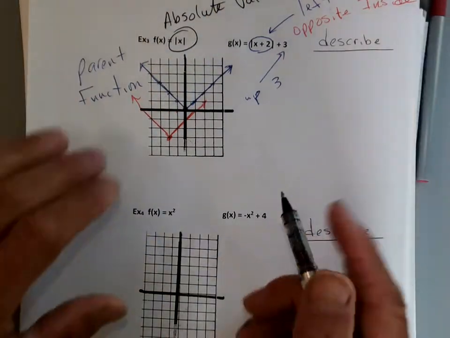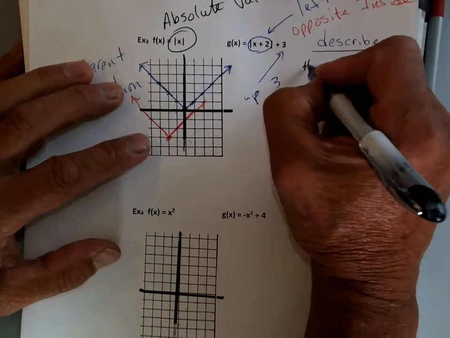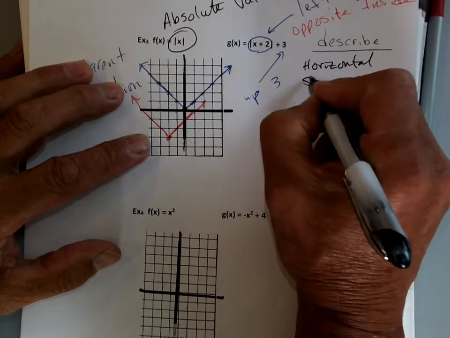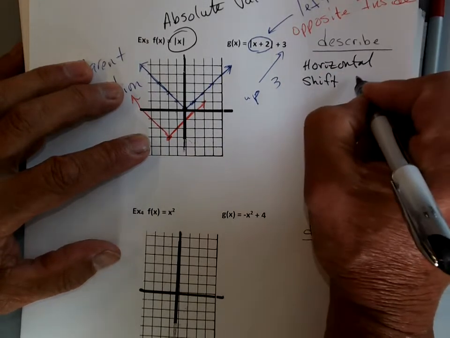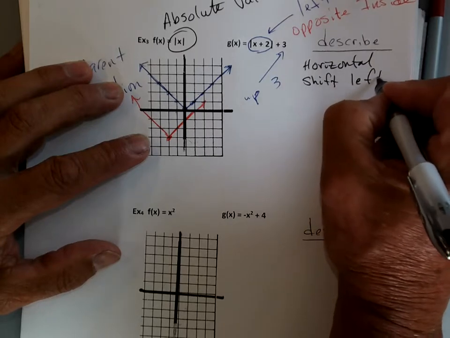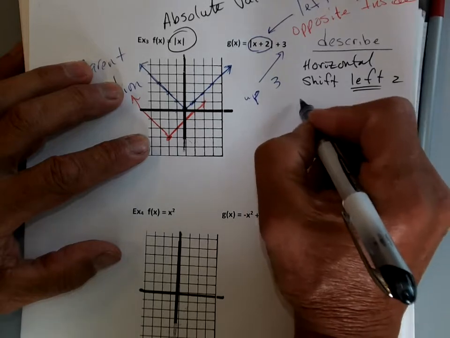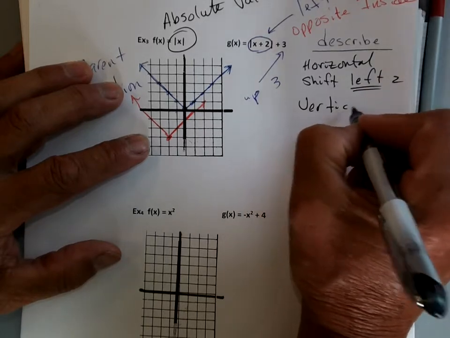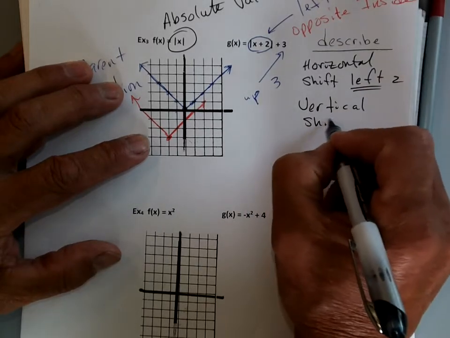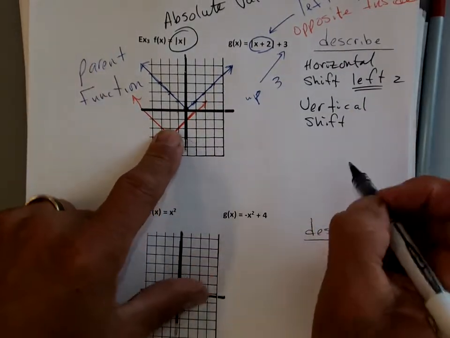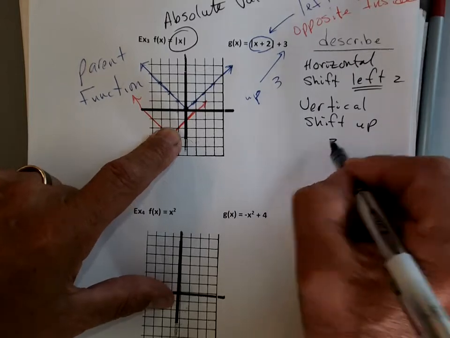We did a horizontal shift left 2, opposite, and we did a vertical shift up 3. Oh my goodness gracious, I made a mistake earlier. Up 3.